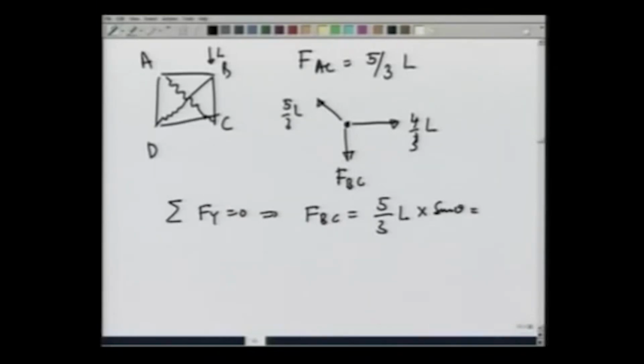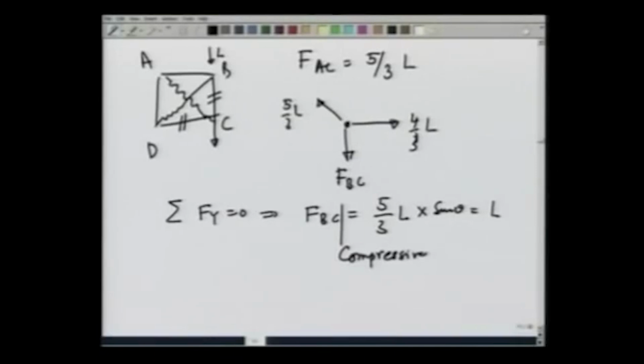Sine of theta we have already calculated is 3/5, and therefore, this comes out to be L. So, F_BC is pushing it down, and that means the rod is being compressed, so it is compressive. So, we have found F_DC, F_BC, F_AC, F_AD, and F_BD. The remaining force is only F_AB.